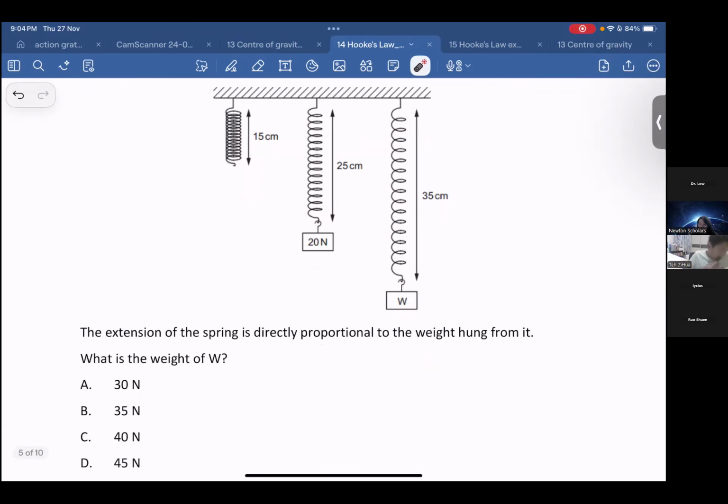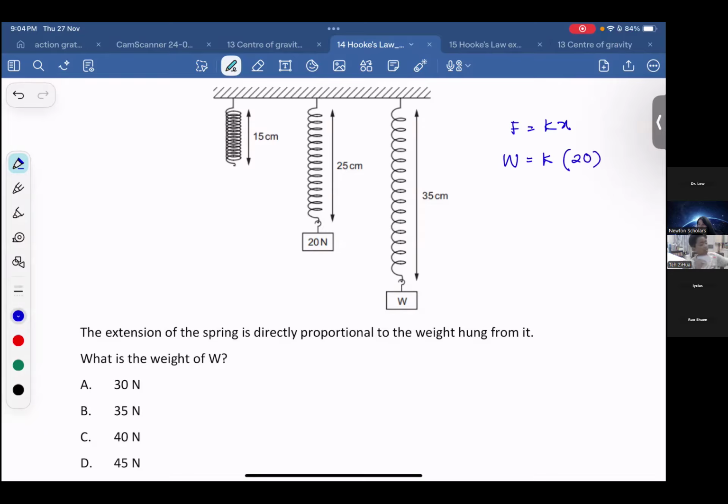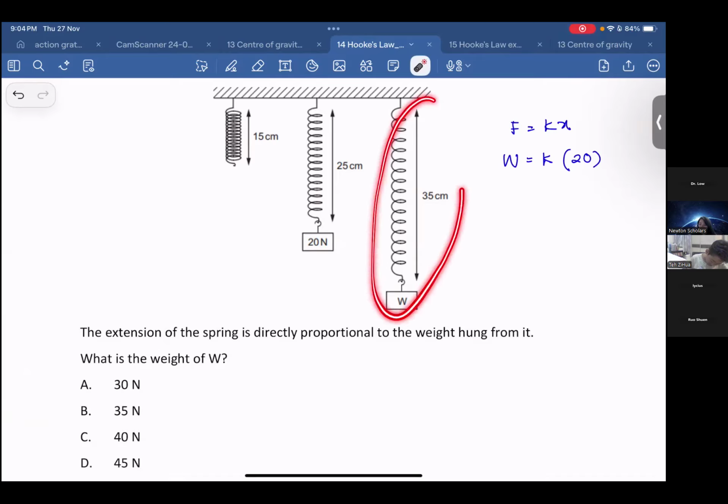What is your W? How do I know, teacher? If you're using F equals kx, I don't know the W. Teacher, I also don't know my k. Even though I know my extension is 20 cm, I don't know my k. How can I find my k, dear? Give you some hints. If you don't know the k, then you find the k first.